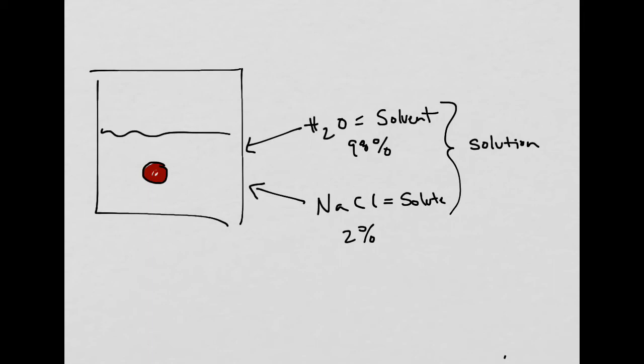So the conditions of my membrane are such that water, H2O, can pass through it, so water can move in and out, and salt cannot pass.